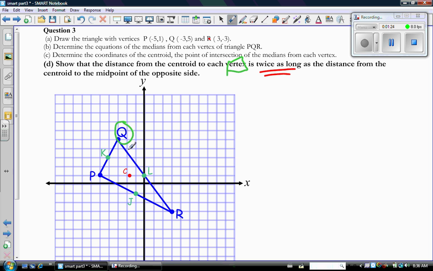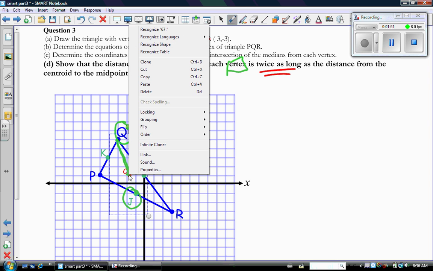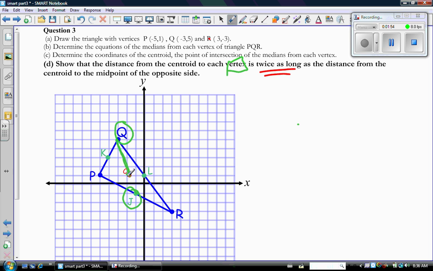Q is always connected with J, because it doesn't make sense to connect it to K, because then you would be ignoring L. So Q is opposite to J, and this question says show that the distance from the centroid to the vertex, from C to Q, is twice as long as the distance from the centroid to the midpoint on the opposite side. In other words, show that CQ is twice as long as CJ.